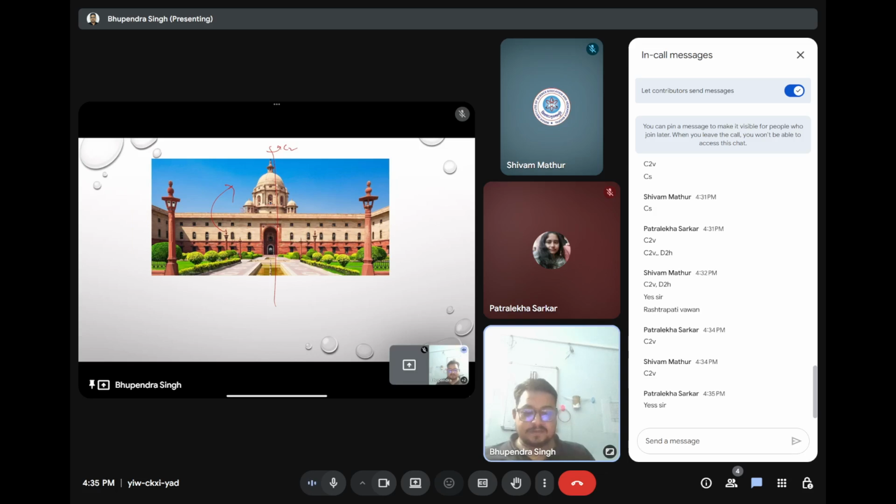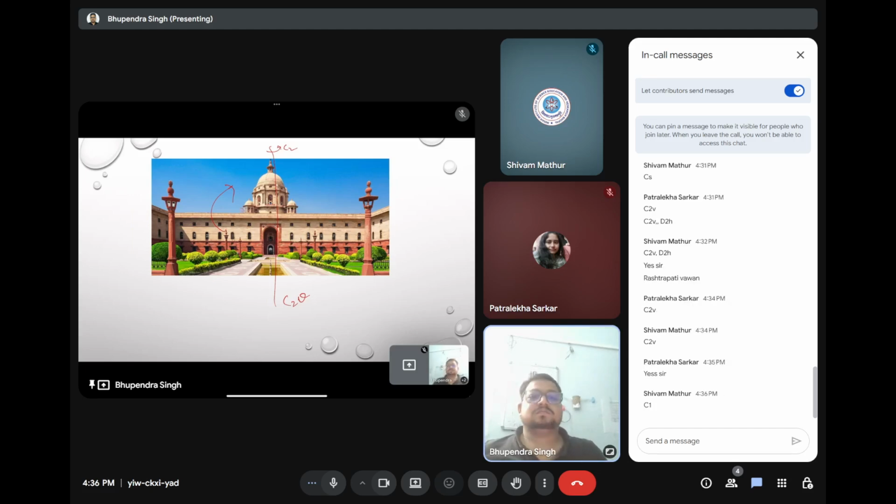So considering the fact, if the back side of Rashtrapati Bhavan is also similar, then the point group should be C2V. Otherwise, let's consider the back of this Rashtrapati Bhavan is not equivalent architecture to the front. Now try to find out the point group of this Rashtrapati Bhavan. Yes, C1.